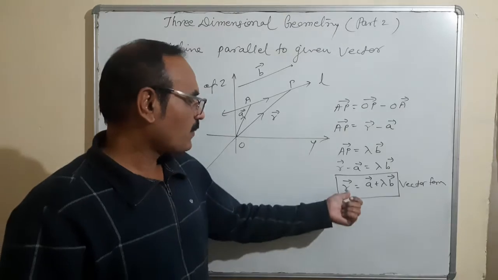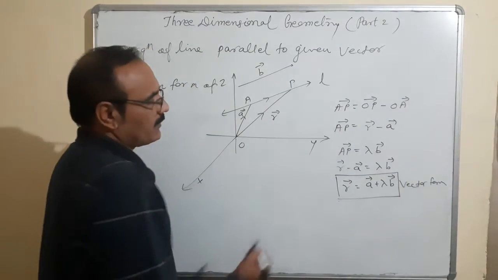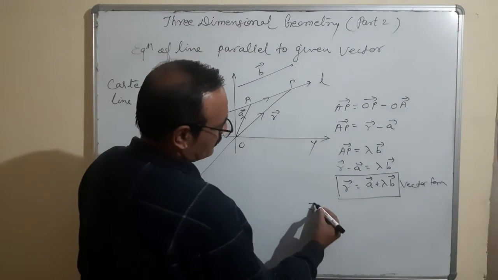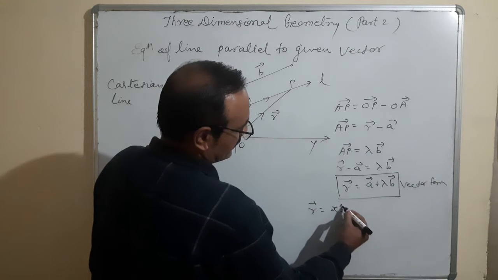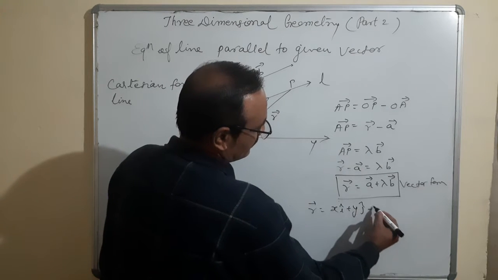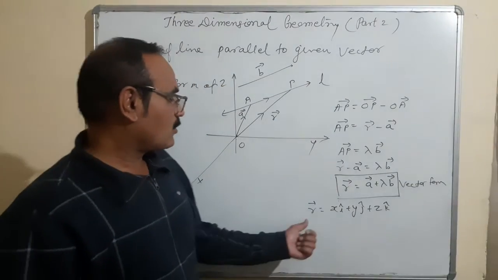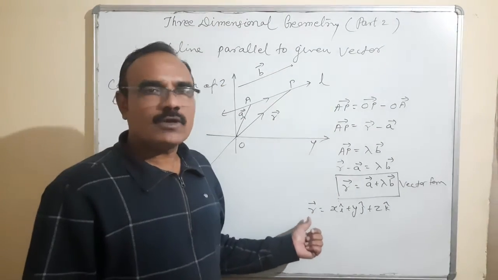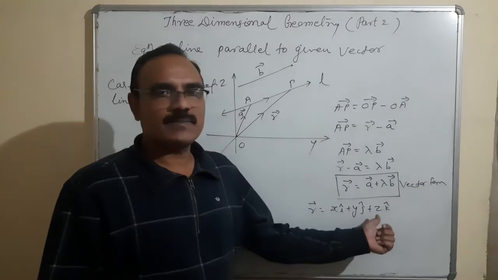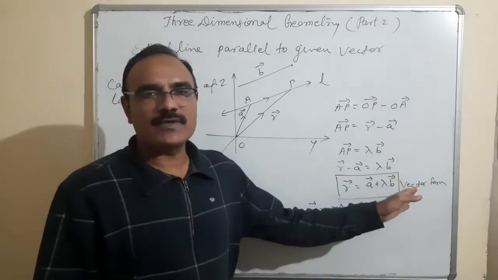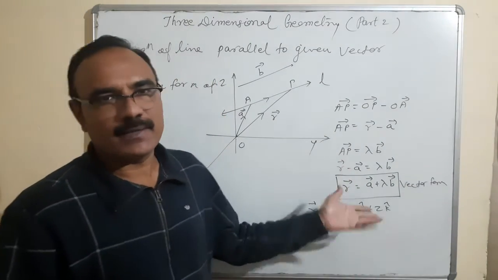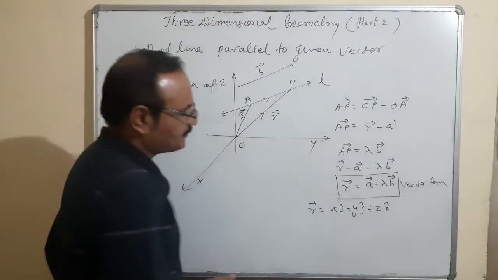Let us understand. Suppose vector r is equal to xi plus yj plus zk. For r, it is always used as xi plus yj plus zk. Other terms can be varied, but it remains the same everywhere, whether it is in the line or in the plane.